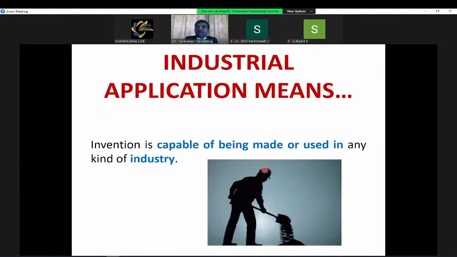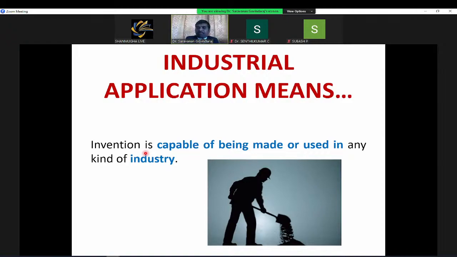And the most important thing, okay, you are inventing something. If there is no use from that invention, then if you are getting a patent, what's the benefit? Nothing. So what is the use of that invention? Because of that invention, are there any benefits to an industry?